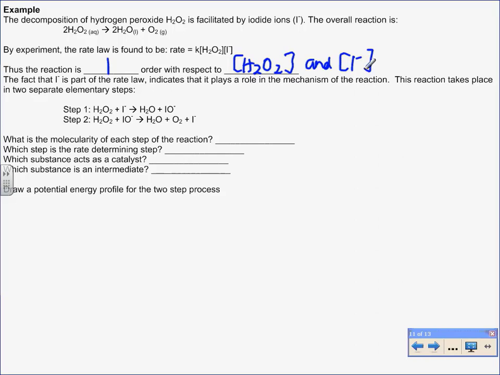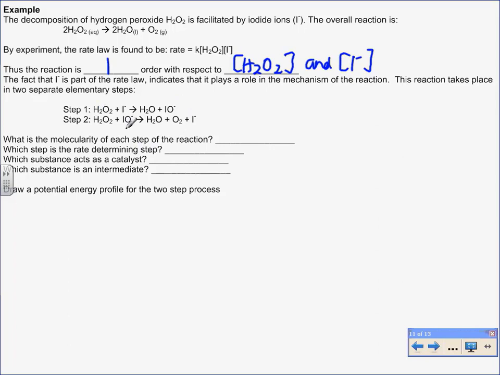And if we look at the mechanism of this reaction that's been proposed, we can see the connection here. We know that the rate determining step of this reaction is going to involve one molecule of H2O2 and an iodide ion, which we see in step 1 of the reaction. H2O2 plus I minus goes to H2O plus IO minus, and then in the second step, another molecule of H2O2 reacts with this IO minus intermediate.